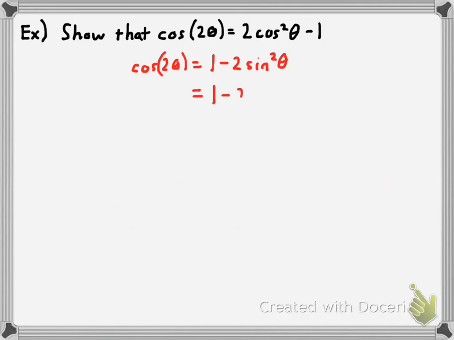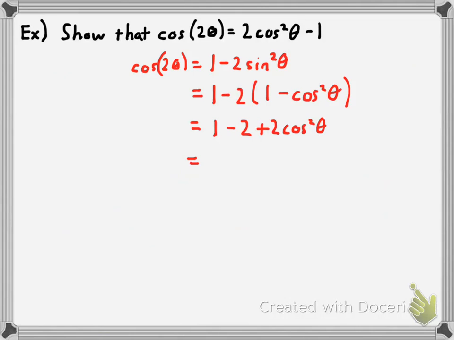So here's how I'm going to do that. I'm going to make this 1 minus 2 times, and then remember sine squared of theta is really just equal to 1 minus cosine squared of theta, right? And then we're going to do a little simplification. That'll give us 1 minus 2, I'm distributing the minus 2 right now, plus 2 cosine squared of theta.